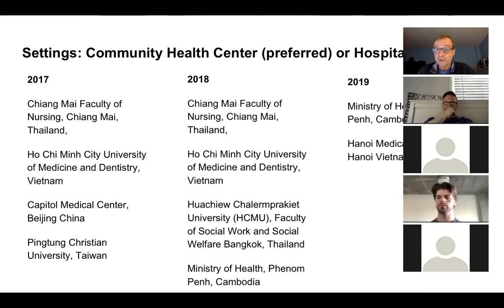In Vietnam, we switched from using Ho Chi Minh Medical School to using Hanoi Medical University in Hanoi for a different experience there. That's our current settings. So for each of these settings, in 2017, 18, and now 19, those 3 or 4 key measures I mentioned are either collected or being collected for all of them.